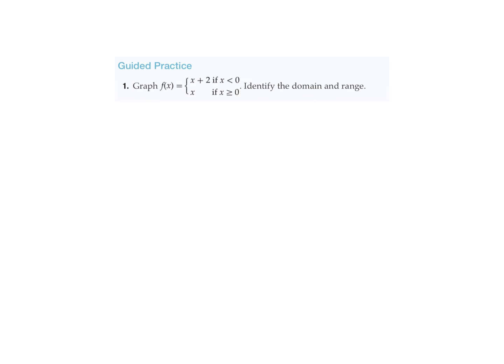Now, here they want us to graph this piecewise function and to identify the domain and the range. So I'm going to go ahead and draw a graph.